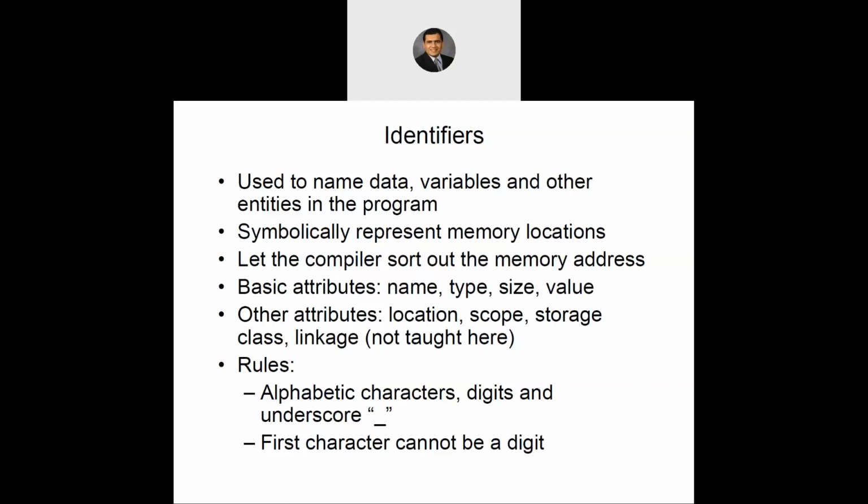So this is my data. This is the data type of my data. And this is the value stored in the data. You just have to follow a few rules: it should be alphabetic characters, digits, and underscore. And the first character of a variable cannot be a digit.